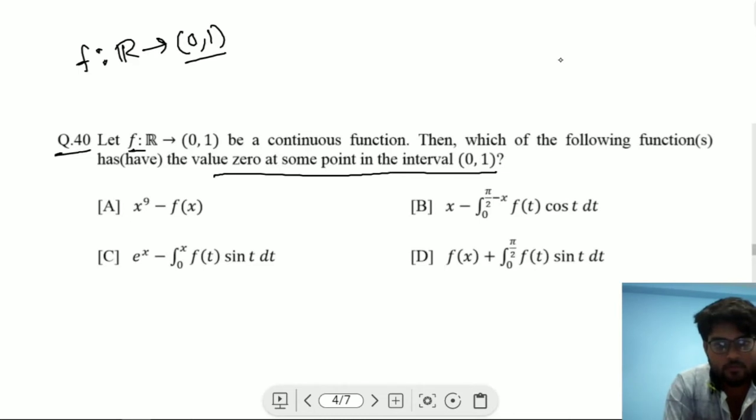Now, if the following function has a value 0 at some point in the interval (0, 1), then there is a root of that function.